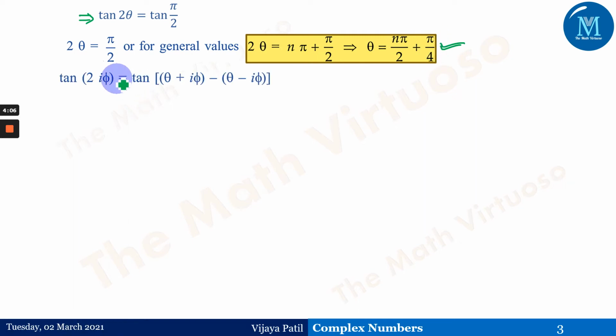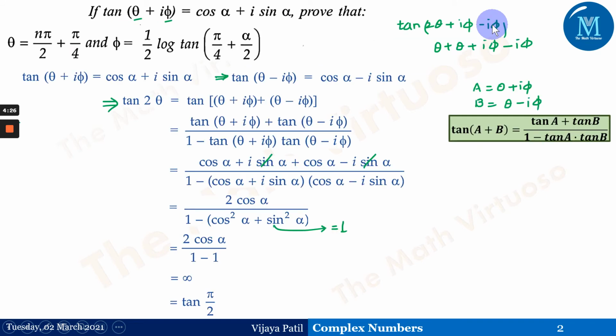Now going ahead with the second thing, that is tan of, so in the previous step, to achieve this first, we started with tan of 2 theta. Similarly, we need to show that phi is equal to this. Just go back and see that particular step.